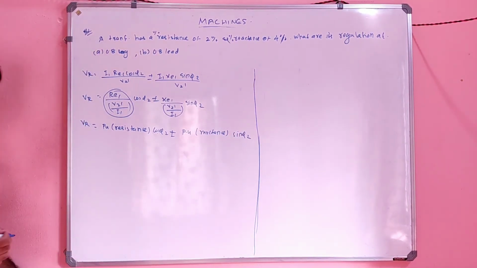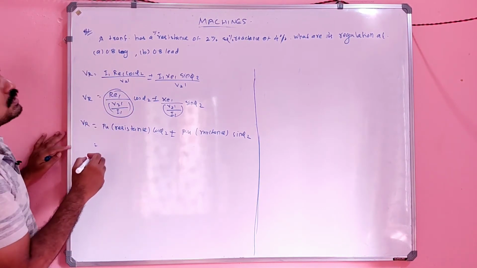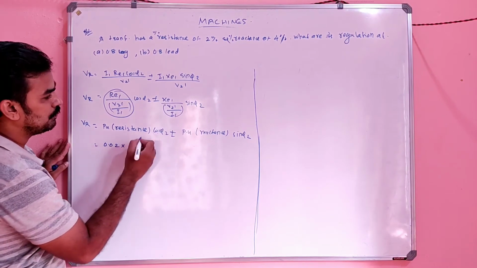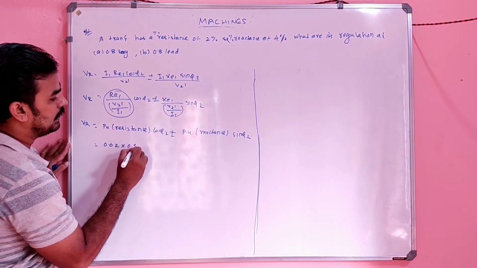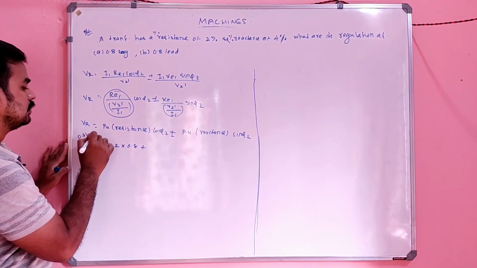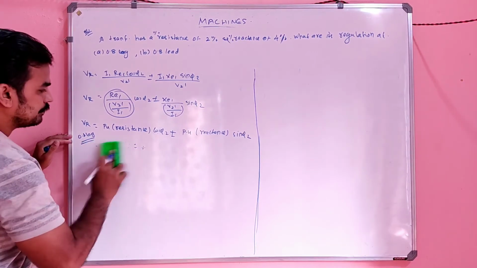Per unit resistance is given, 2%, so 0.02 into 0.8. First is 0.8 lag. This is the general equation.